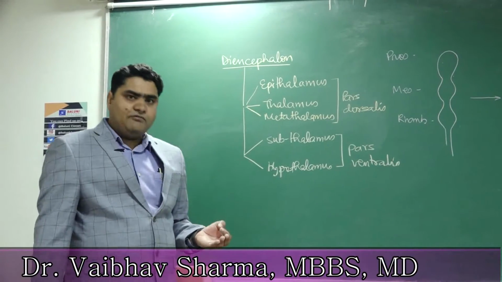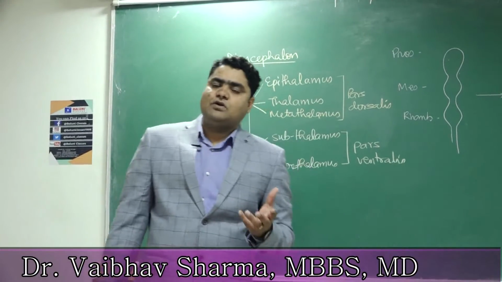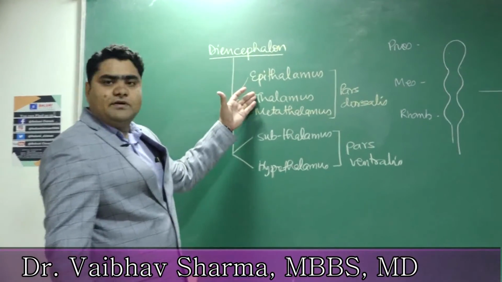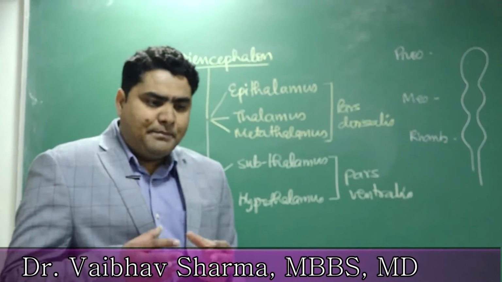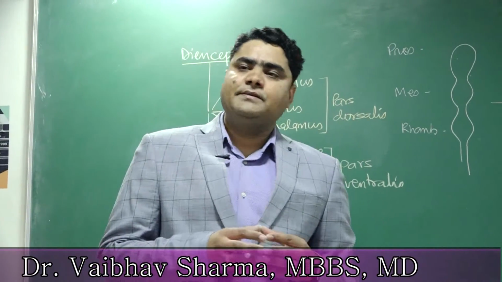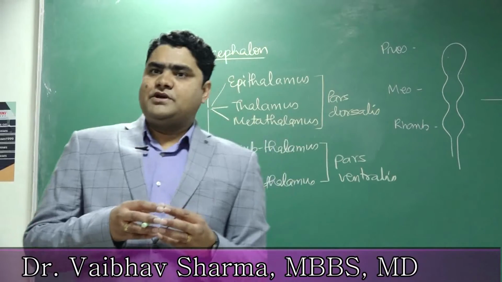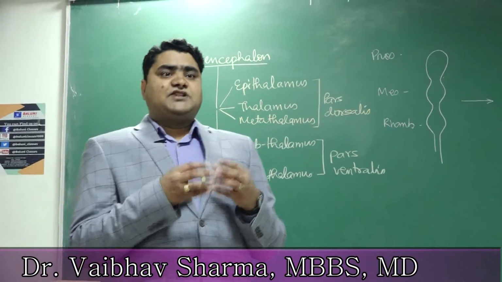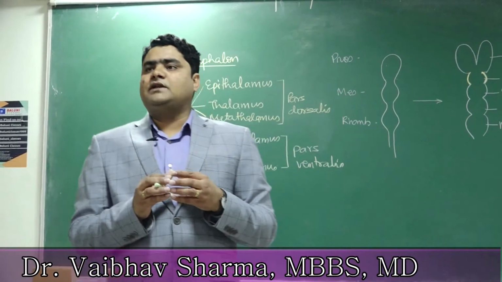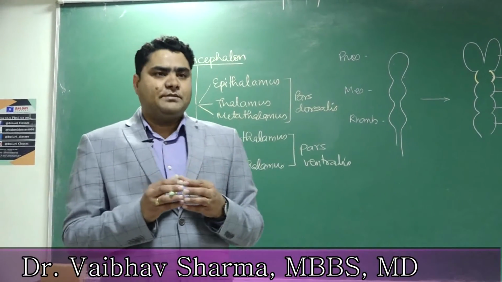I told you why we are starting with diencephalon, because diencephalon includes thalamus, which is the main relay center, or we can say that most of the information or action potentials are actually relayed to the other parts of the brain through thalamus.